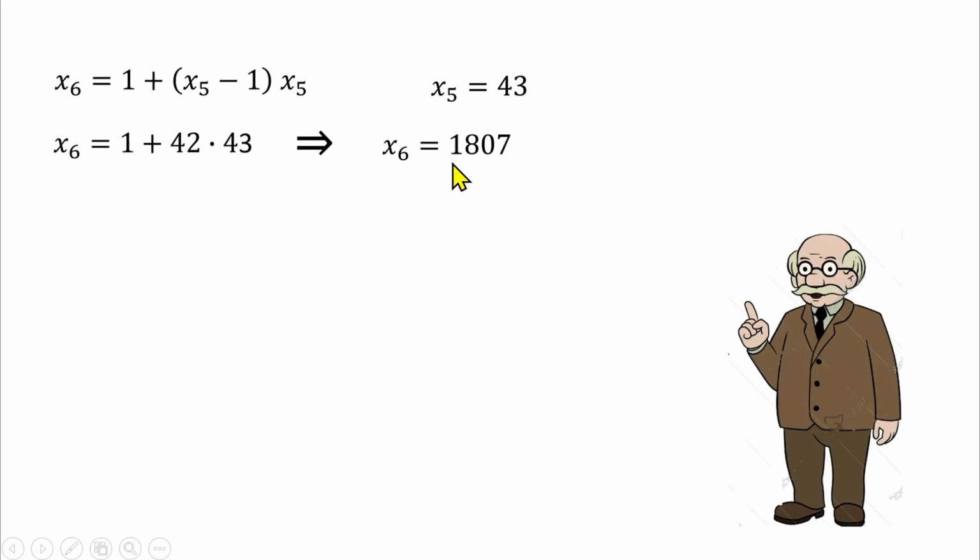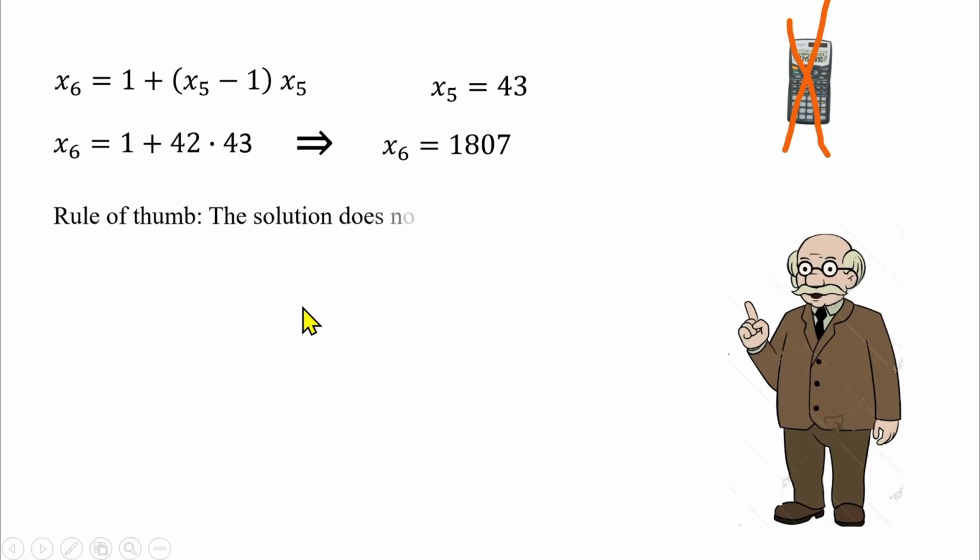Now we need to factorize this number to find the largest prime factor. Again, I repeat that we cannot use a calculator, because on the Olympiads nobody can use such devices. So again, we will work calculating by hand, and in the beginning we will use the so-called rule of thumb, which states that on the Olympiads the solution of the problems doesn't require lengthy complicated calculations.